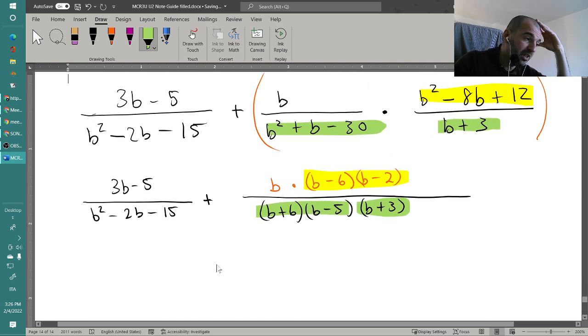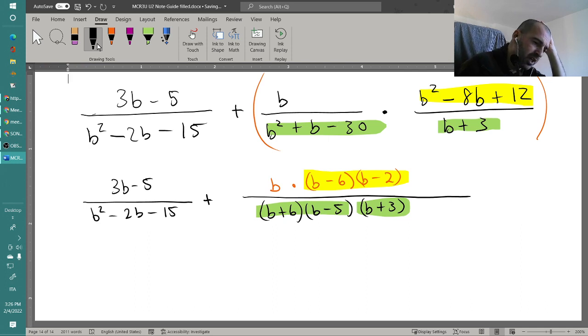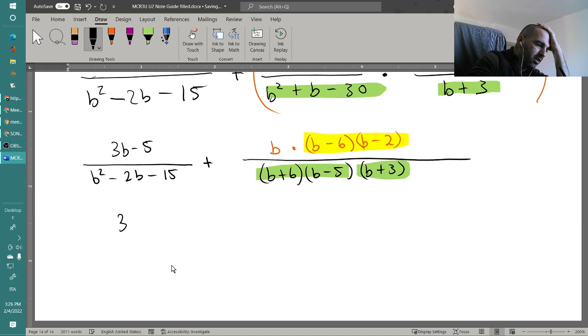Now I've got an addition question. This one looks to be a pretty large addition question, okay? So what I'm going to want to do here is factor this guy here at the bottom. So this is going to be a 5 and a 3, okay? So I'm going to write 3b minus 5 over 2 factors of b, and I'm going to go with a negative 5 and a positive 3.